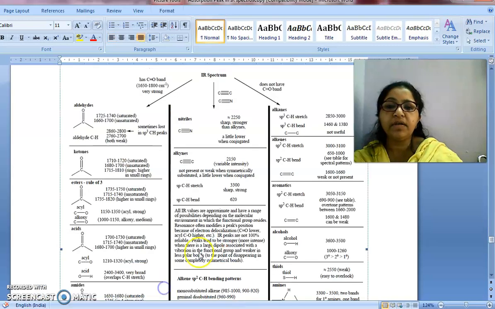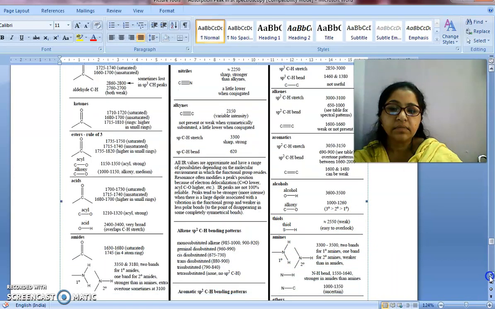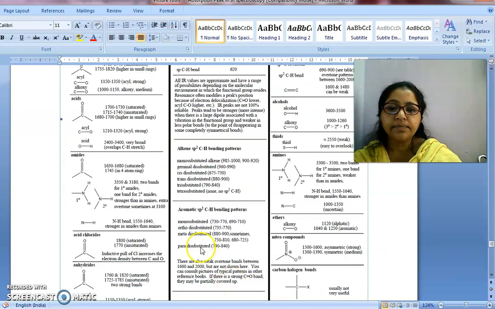If you refer to the data, it will tell you that it is a very weak aromatic. I'll show you this one. So these are weak.